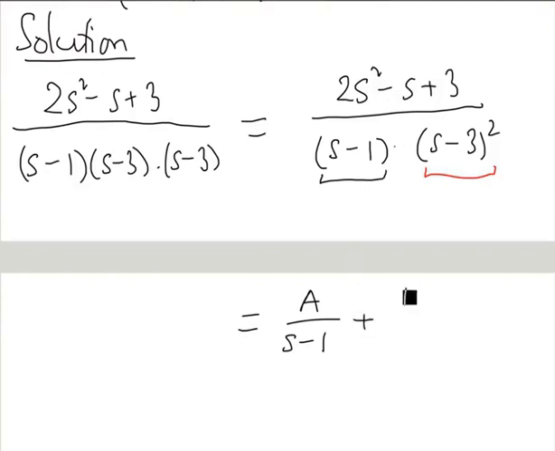The first term begins with the same exponent 2, s minus 3 squared. But for the next term, we need to include all the lower powers of the denominator as well. Okay, so keep that in mind. When we have power 2, we need to begin with power 2 here, but we need to go all the way to power 1 right here.